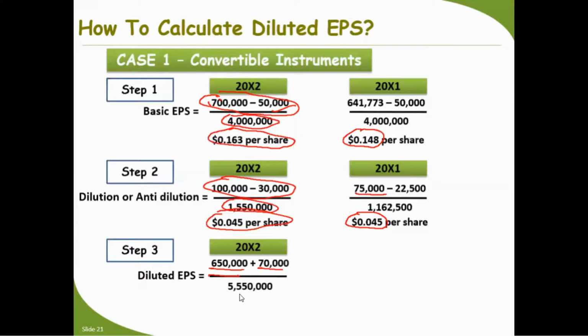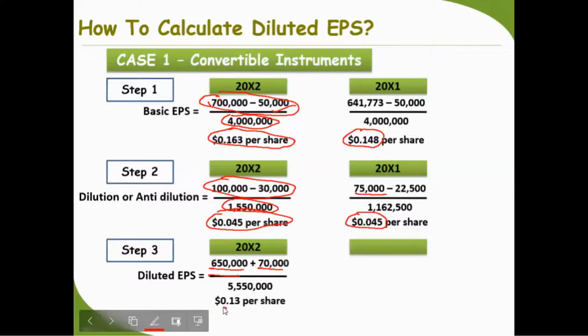So 5.55 million, and your diluted EPS is this. Now this is less than this. So this is concluded that your diluted EPS will always be less than your basic EPS for preceding year.